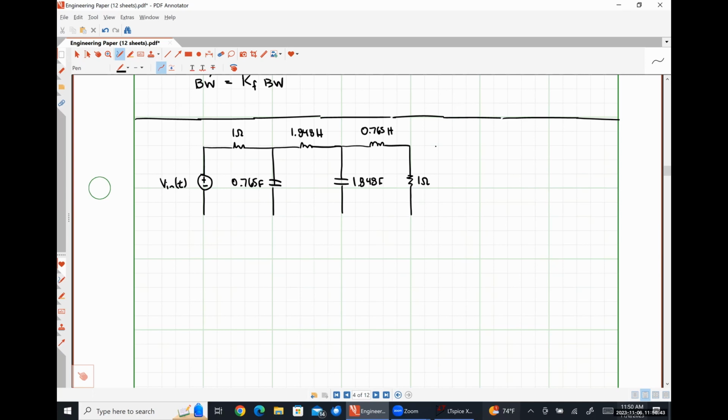We have a 1 ohm resistor here, and then this is where our output voltage would be measured.